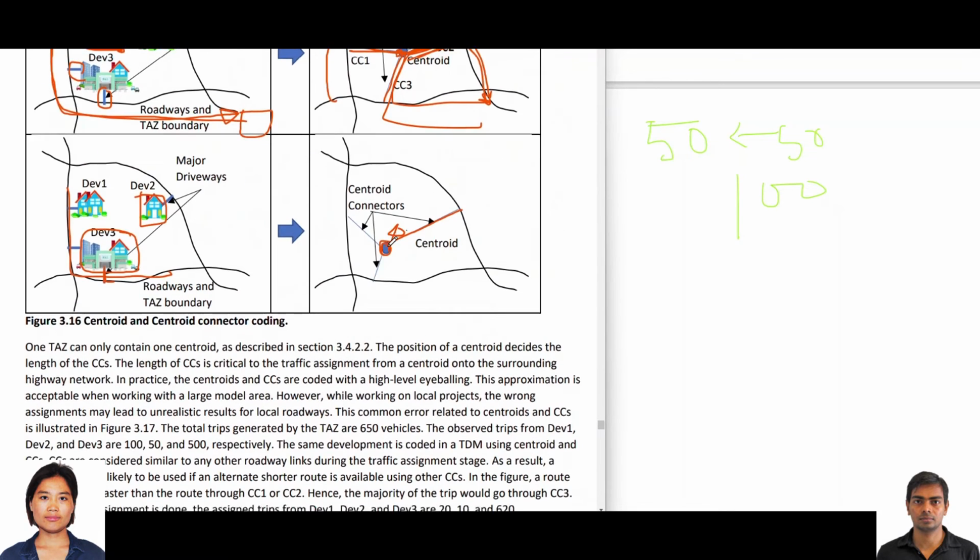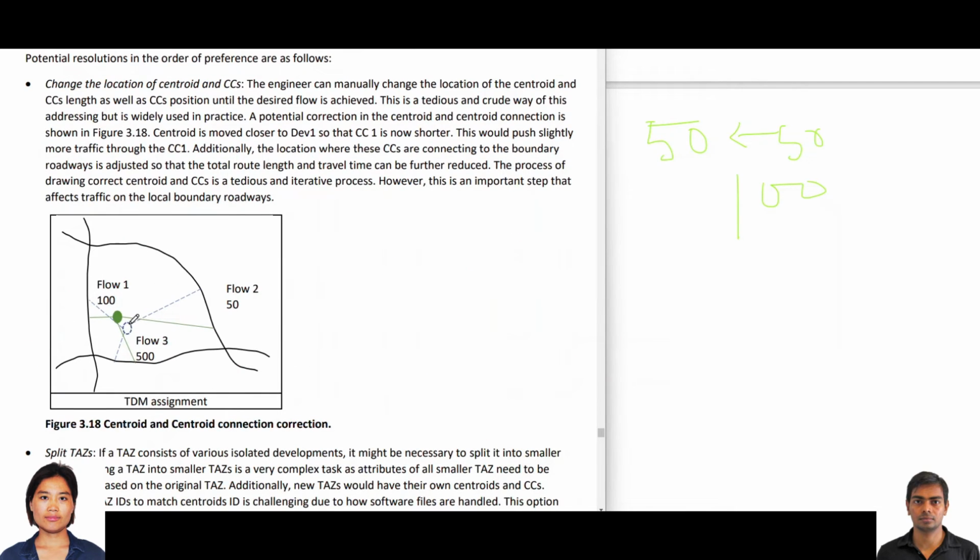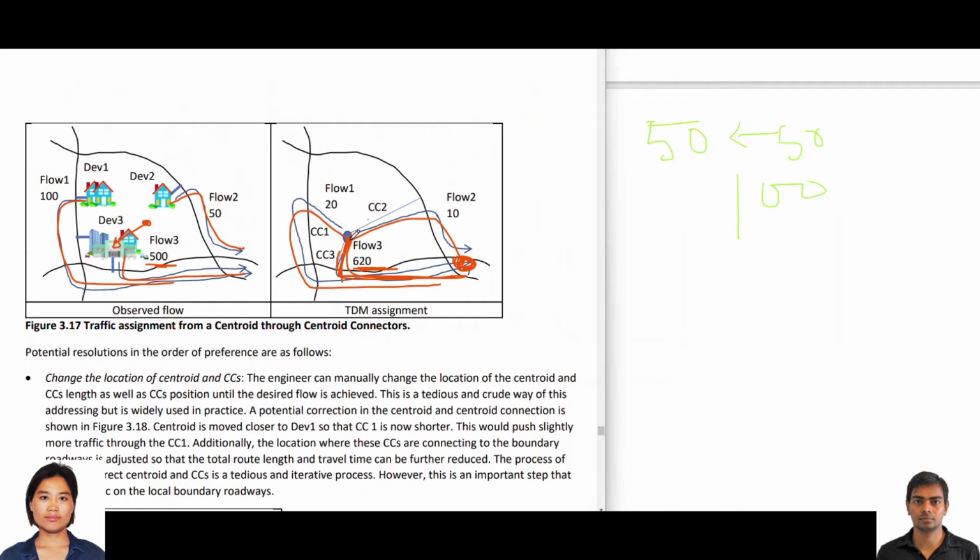So one way to fix the issue that is pointed out here is to move this centroid from this location, and we want to produce some vehicles that go through this connector. So we want to decrease this number, we want to increase this number, and we want to increase this flow. So what we can do is move it a little bit here.